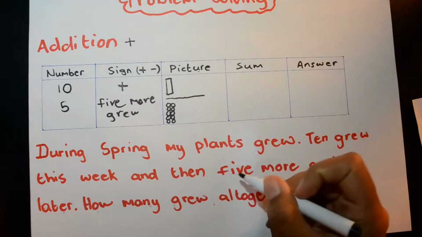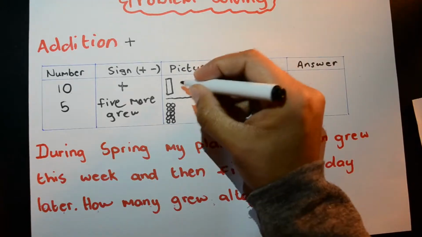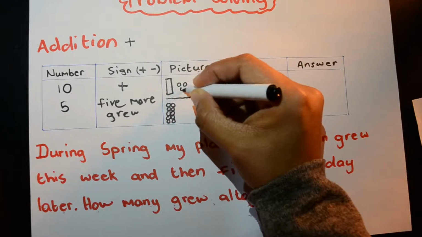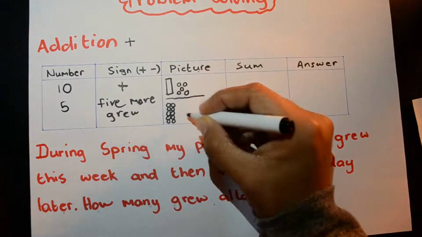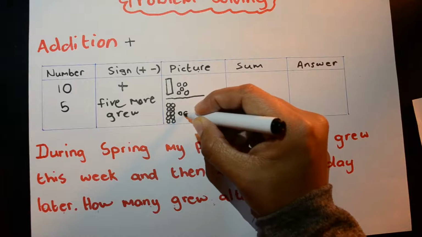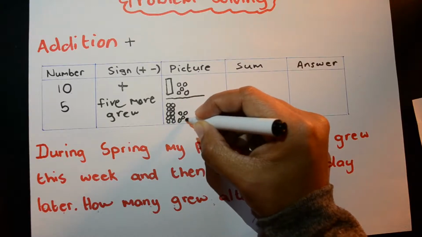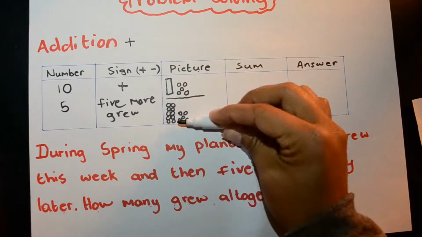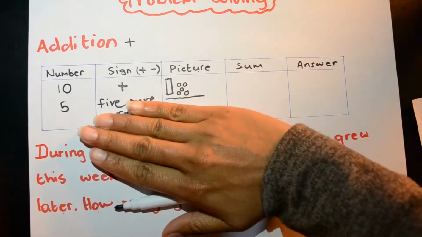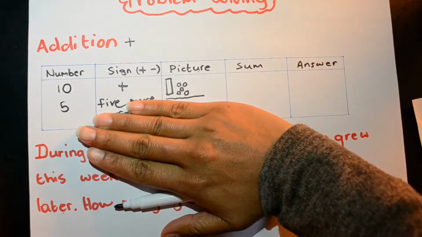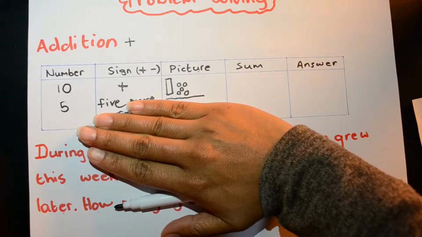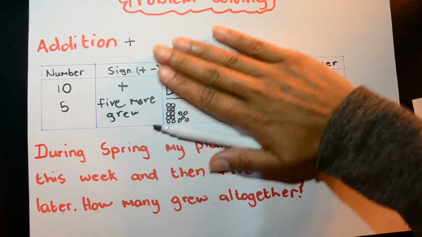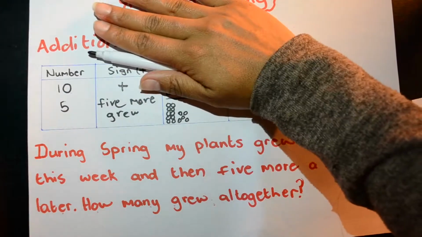So now I need to draw 5 more. So I draw 5 like this. 1, 2, 3, 4, 5. So that is my picture, and if I look at that picture, I can already have an answer of what's the answer altogether.